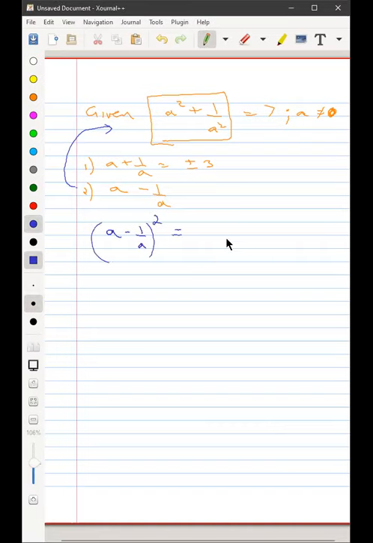So a minus 1 upon a whole squared is equal to a square plus 1 upon a square minus 2, which is equal to 7 minus 2, which is equal to 5. So how do I get a minus 1 upon a?